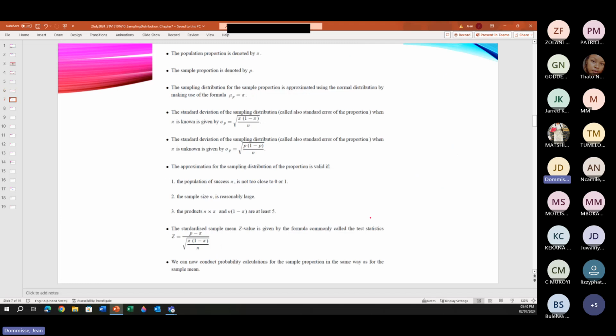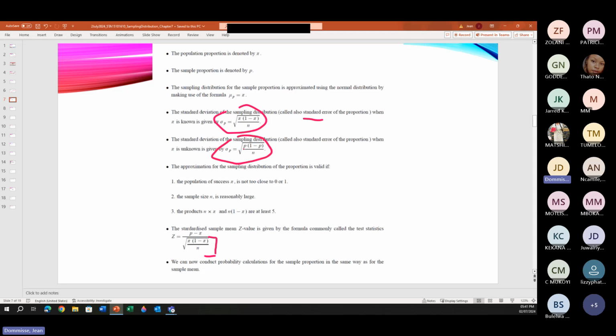When we look at proportion, there's also a standard error with proportion, and this part at the bottom again is your standard error. So you get your standard error for your proportion. So there are two standard errors depending on if your sampling distribution is known or not known.